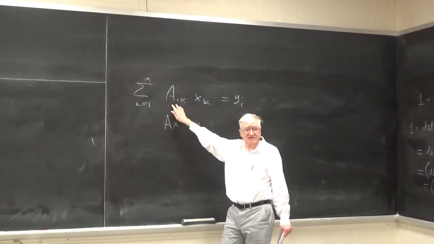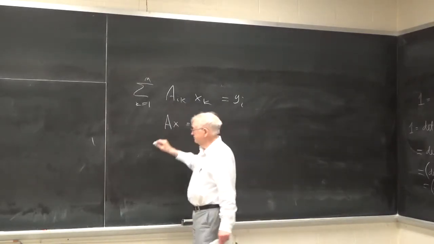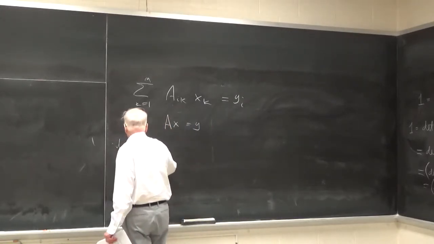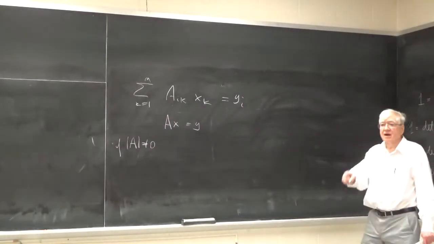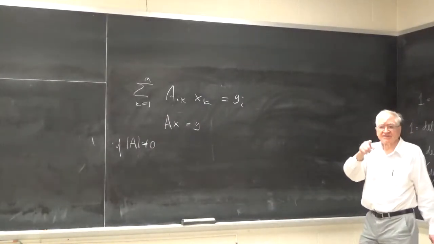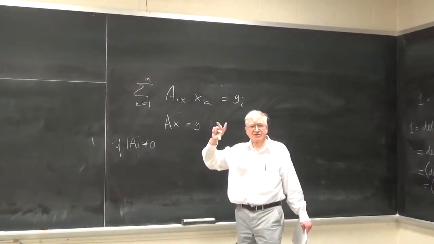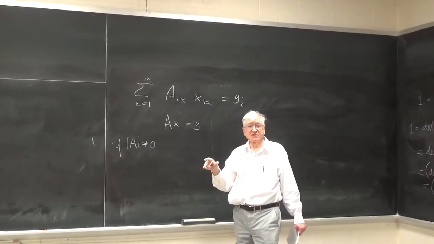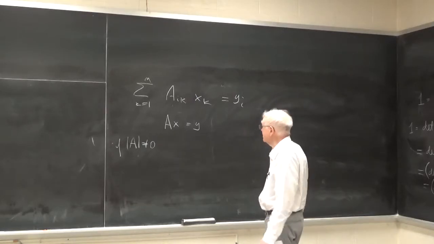If this is non-singular, that is to say, if the determinant of A is not equal to 0, then it has an inverse, and in fact we know what the inverse is. It's the transpose of the matrix of cofactors divided by the determinant, and that's why the determinant can't be 0, because you have to divide by it to get the inverse.